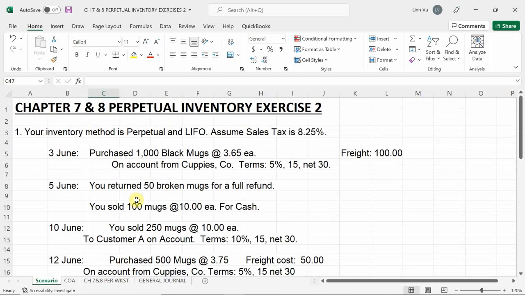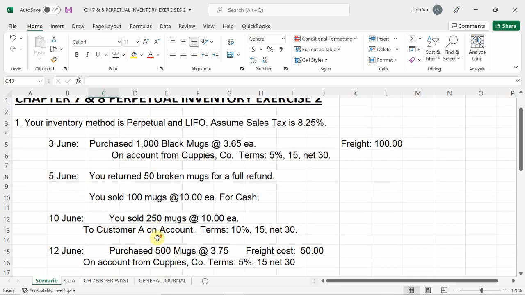So let's see when we sold to customer A. Right here, 250 mugs at $10 each to customer A on account on June 10. And here we gave customer A 15 days to take a discount. So in this case, they have to pay by the 25th.